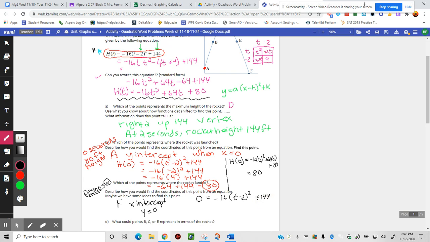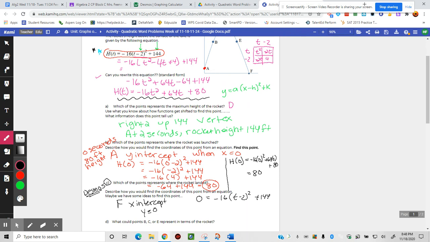Well, you could actually make some guesses, right? You could put a 2 in there and see what happens. We already know at 2 seconds it's 144 feet. You could put a 3 for t and see what happens. Put a 4, put a 5, put a 6 and solve. Maybe you have some different ideas because we could go to Desmos and figure that out.